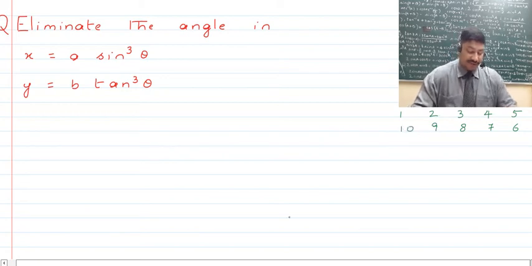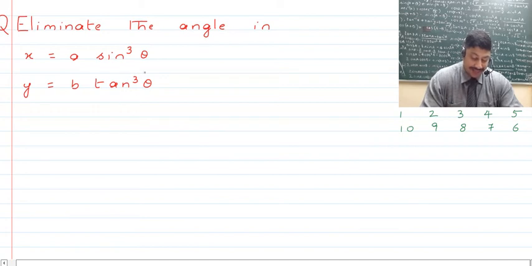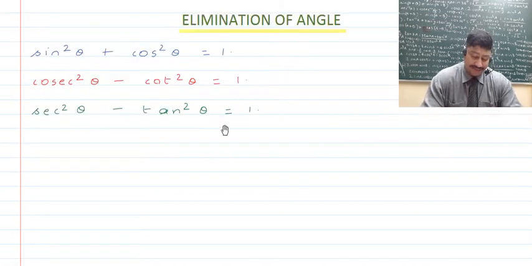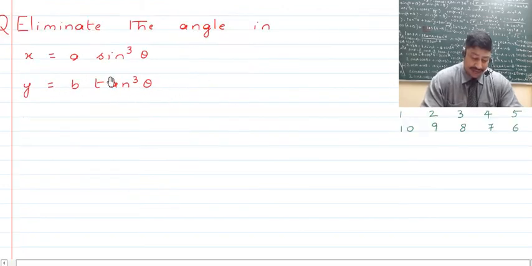Okay, children, now discussing the sum with you. Here we have to eliminate the angle theta in x is equal to a sine cube theta, y is equal to b tan cube theta. As you see in the three square trigonometrical identities that we had, sine cos, cosec cot, sec tan, here we have sine and tan, and as sine and tan don't form a couple in any of these identities, somehow we've got to transform them so that we can get to any of those three identities, which is the only route to elimination of the angle theta.